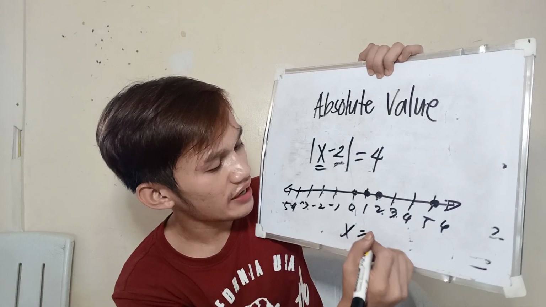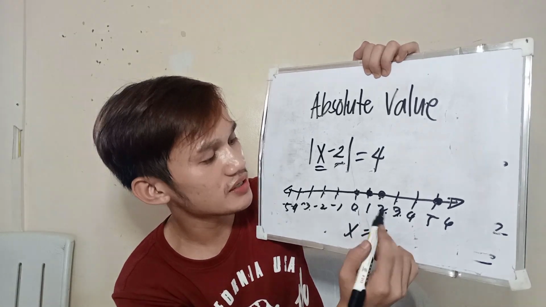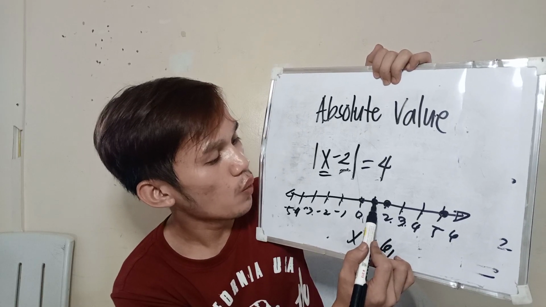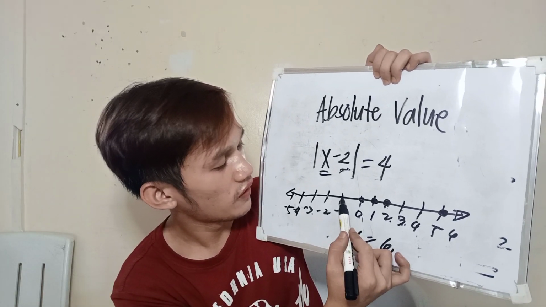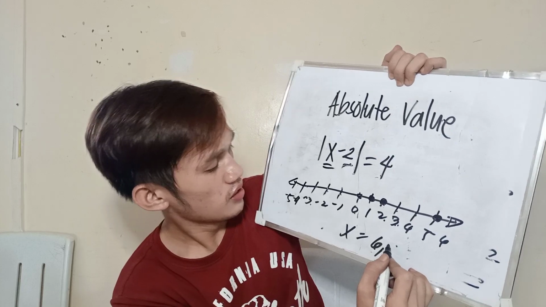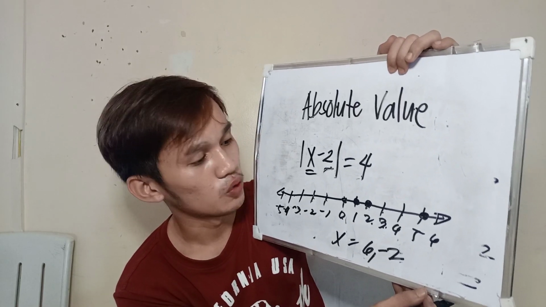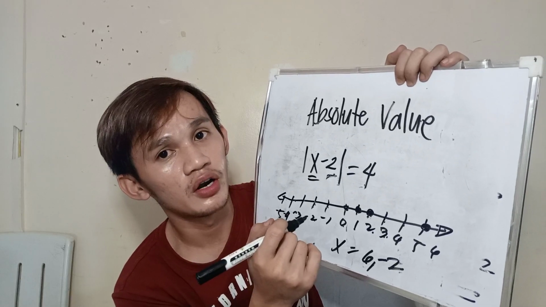So your x is positive 6, and then going to the left, we have 4 units away from 2: 1, 2, 3, 4. So we have negative 2. So you have 6 and negative 2. Those are the possible values of your x.